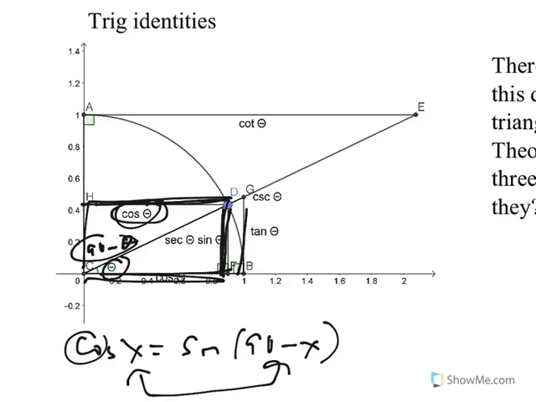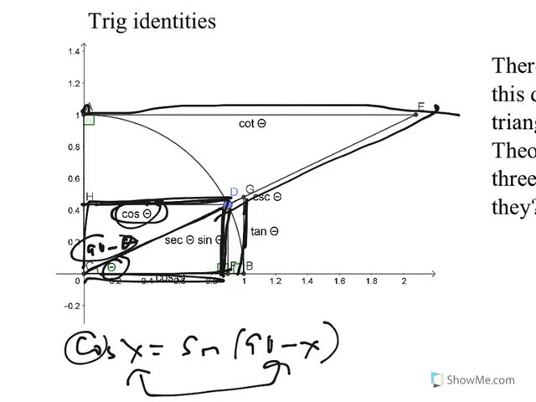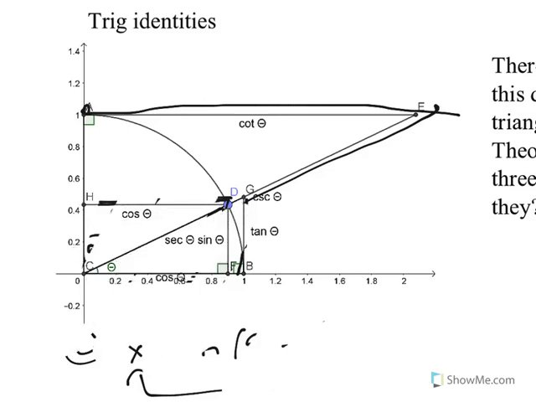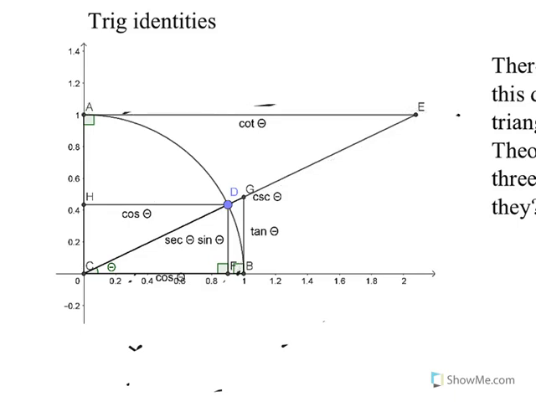Now, if I draw in the tangent line, and then I continue the radius, and I draw another tangent line up here, and I continue the radius until those two things meet, there are a lot of triangles in this picture. Let me erase this so we can see them a little better.